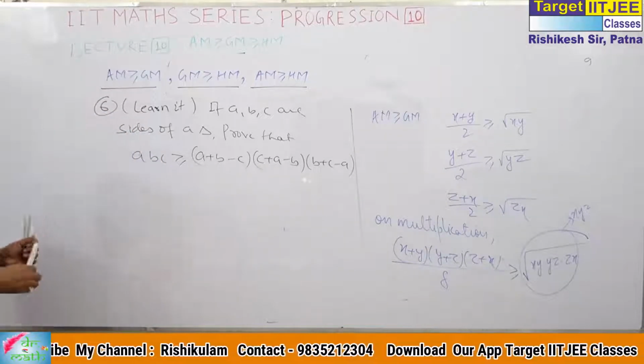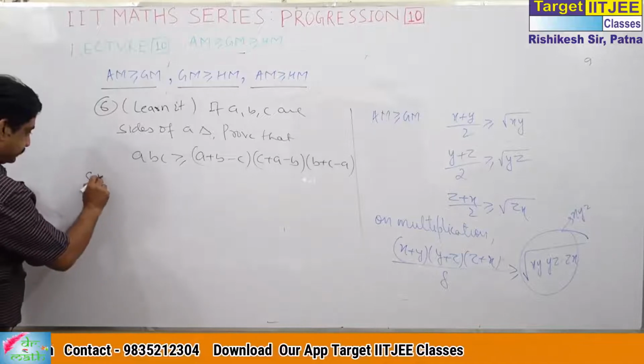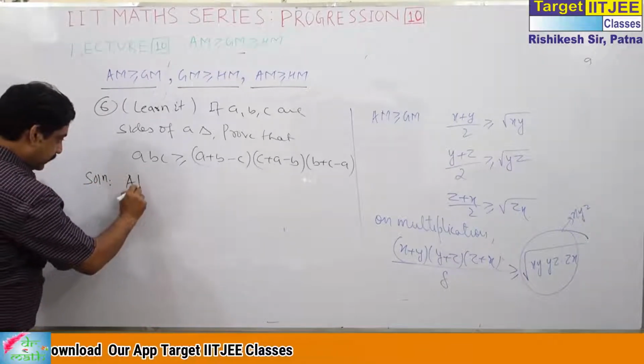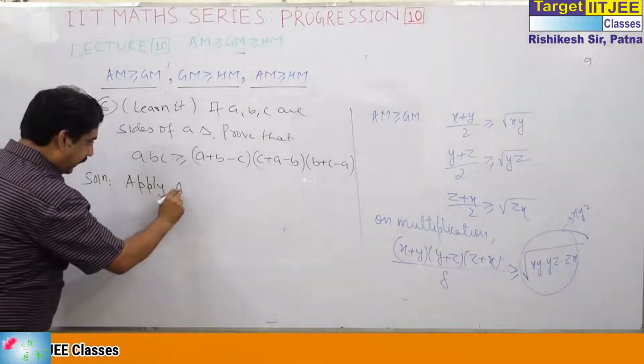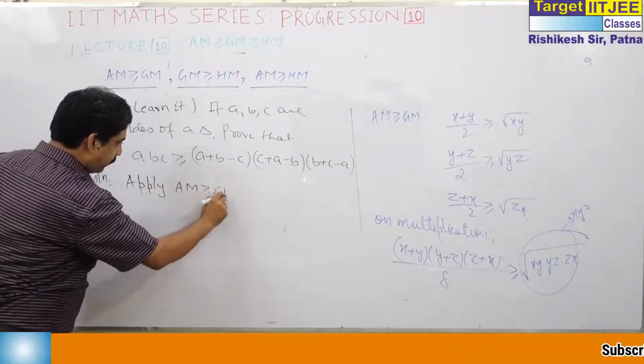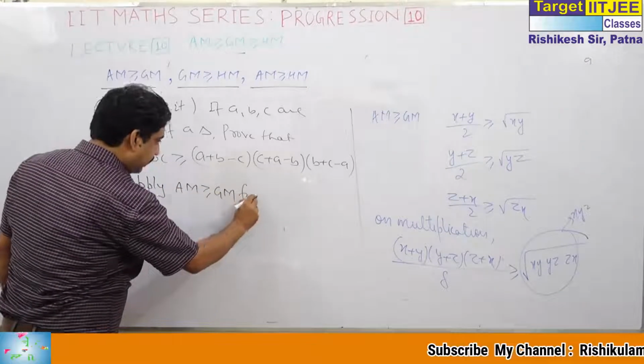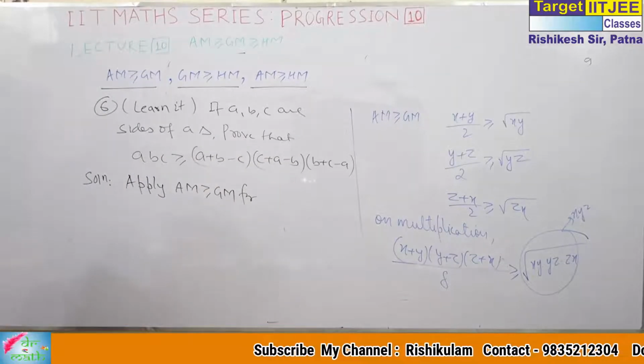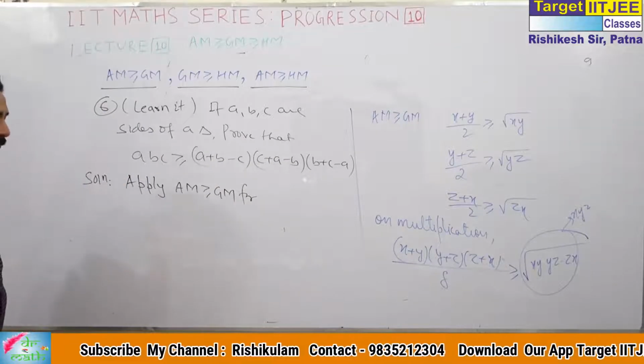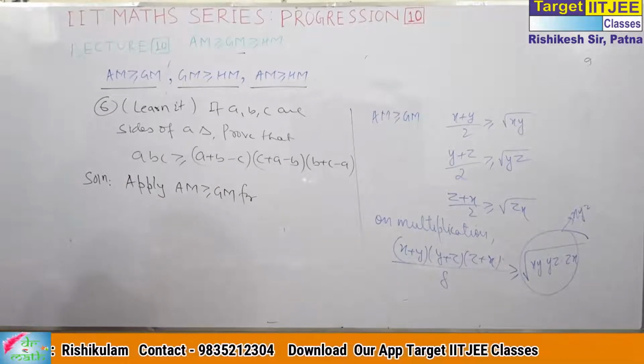See how. Solution. Apply AM greater than or equal to GM. First of all, I am not giving you time; if you want to pause and try, you can do it.